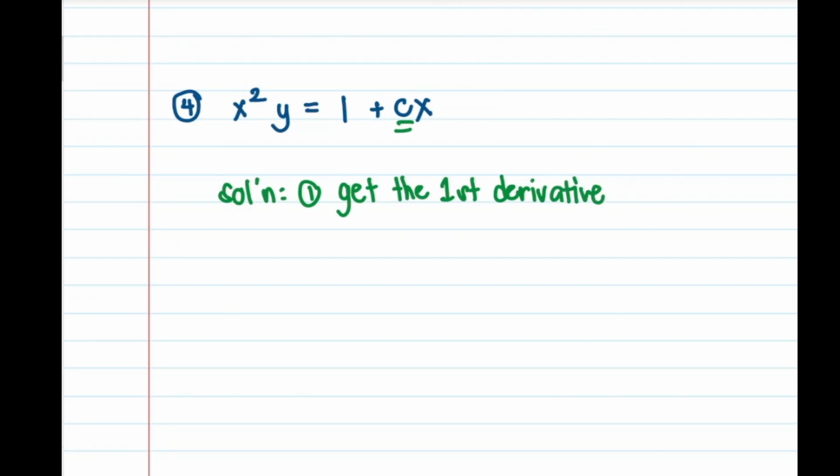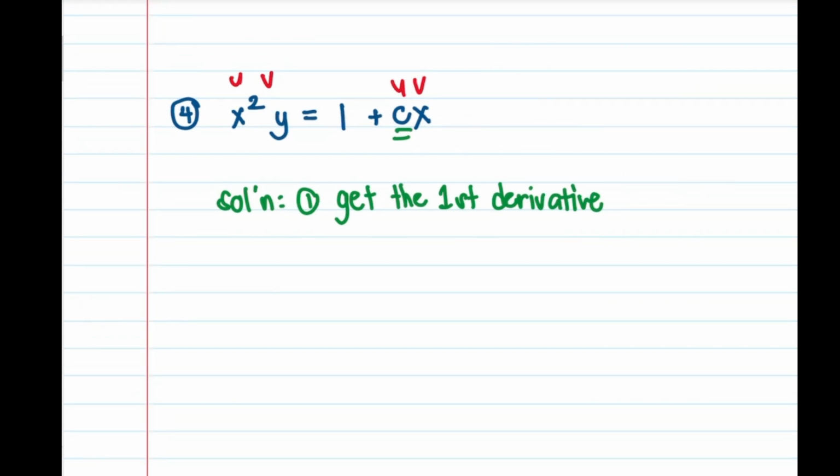So by getting the first derivative of this equation, using the product rule, this one will yield this solution. u dv plus v du.